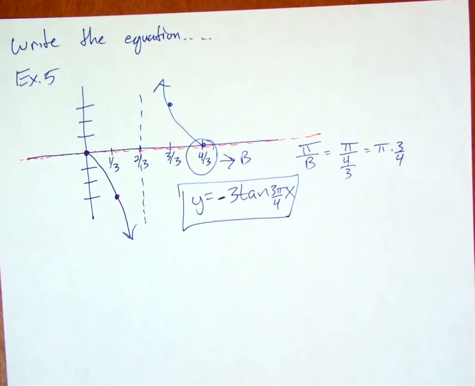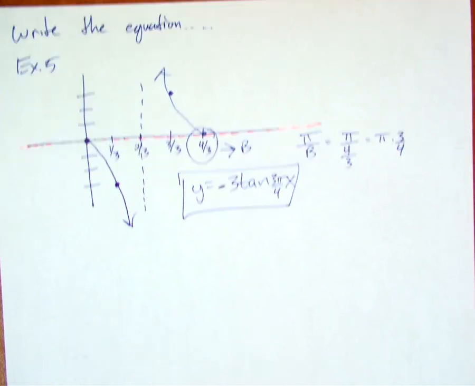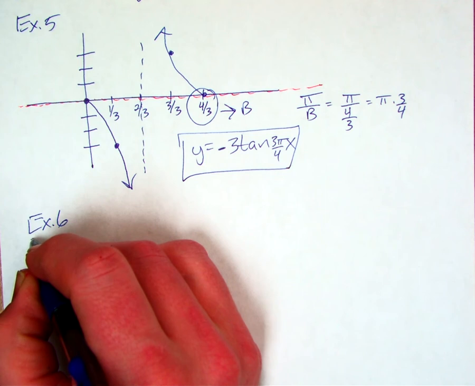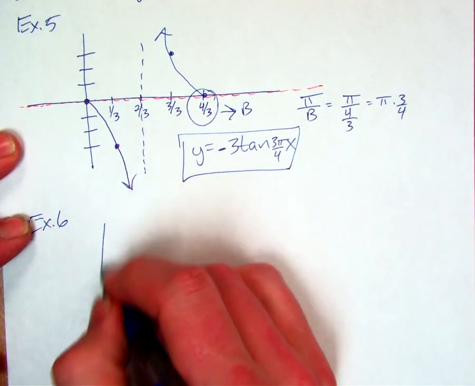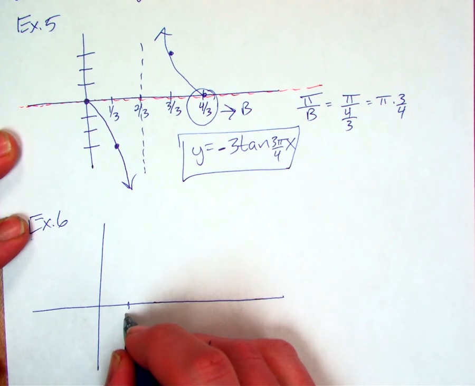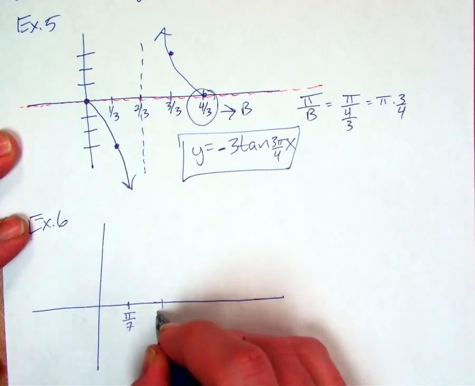All right? One more, example number 6. I bet you can't guess what kind of function we're going to be looking for. That one's going to probably be cotangent, but we'll see anyways. So let's go with this right here.